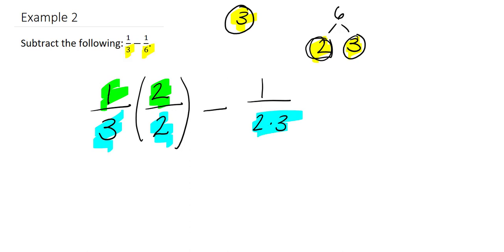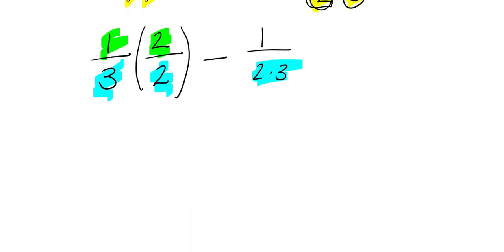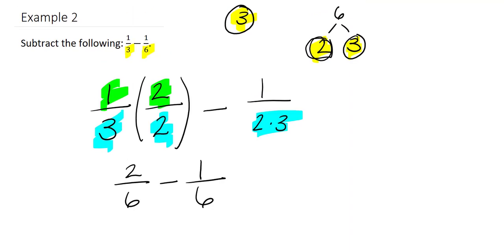So 1 times 2 is 2, and 3 times 2 is 6. Minus 1 over 6, because that's just what it was already. Now we have it set up with a common denominator. So we have 2/6 minus 1/6, which is equal to 1/6. And that would be our solution.